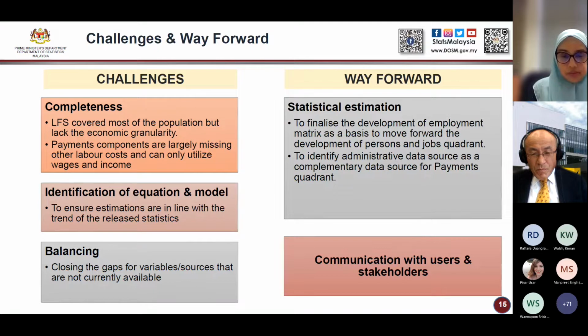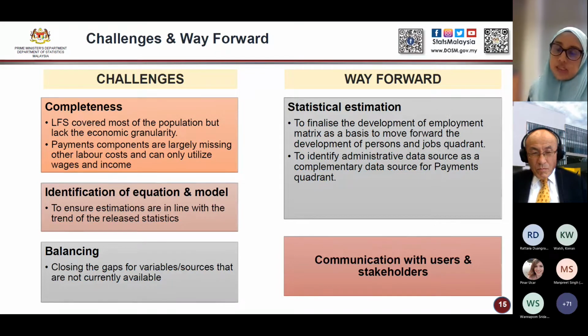As I think Manpreet explained just now, we have to ensure that the account makes sense, as although it is a complementary account, trying to complement the other labor statistics, it still cannot contradict the published statistics. And for balancing, we are trying to close the gaps for variables and sources which are not currently available by looking at administrative data sources.